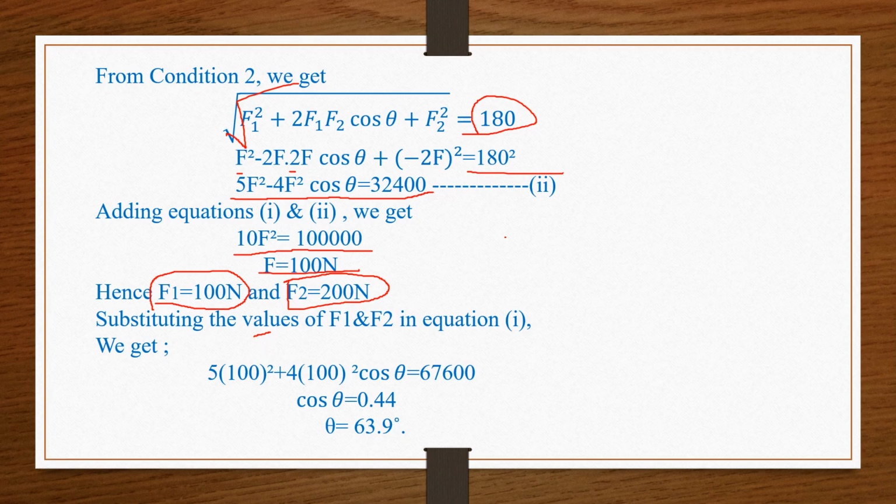Here, substitute F equals 100, and here also substitute F equals 100. Then we get cos theta equals 0.44, so theta equals cos inverse of 0.44, and theta equals 63.9 degrees. This theta is the angle between the two forces F1 and F2.